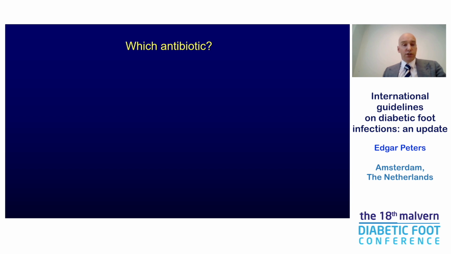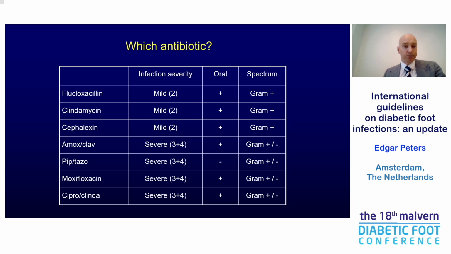So you could ask me, thank you for your talk, but which antibiotics should I give them? Well, there are a couple of possibilities. These are just to name a few. For instance, flucloxacillin, which can be given to mild infection. It can be given orally. It's very cheap, but its intestinal absorption is not excellent, and it's not really predictable, and you only cover Staph aureus and streptococci.